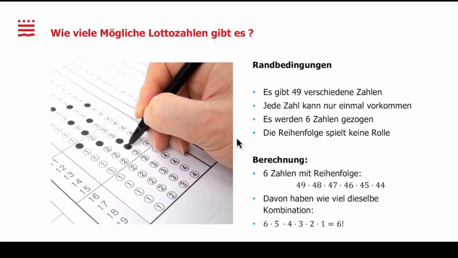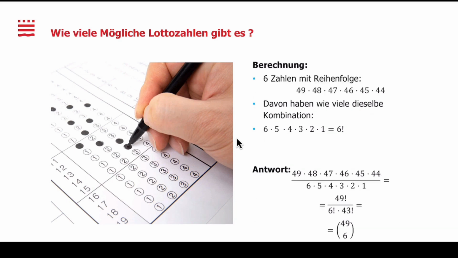Because when you consider these 6 numbers with their order possibilities, each arrangement is actually seen as identical since they just have a different order. So I get all the combinations by dividing 49 times 44 by 6 factorial. And that's this expression here.